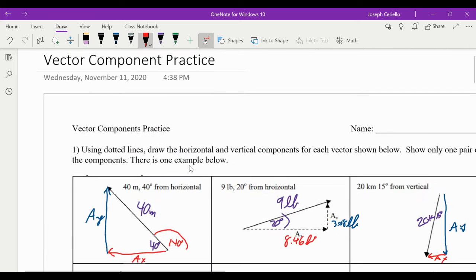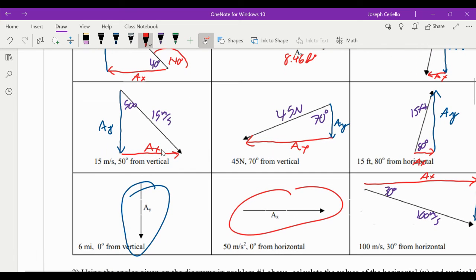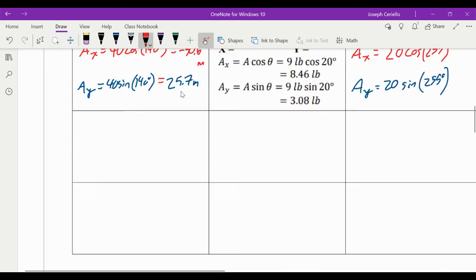All right, let's check out this next one here. So this next one is going to be 15 times cosine of, so we have 90, 180, 270 plus another 50. That's going to be 320 degrees. So 15 cosine 320.